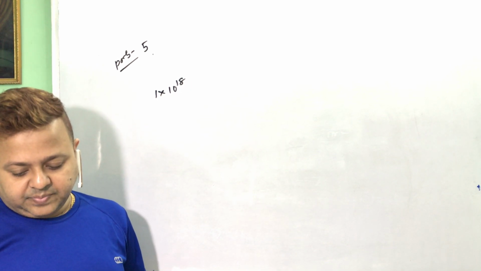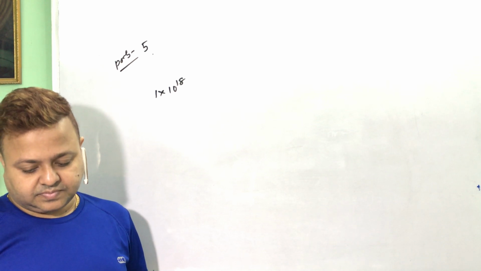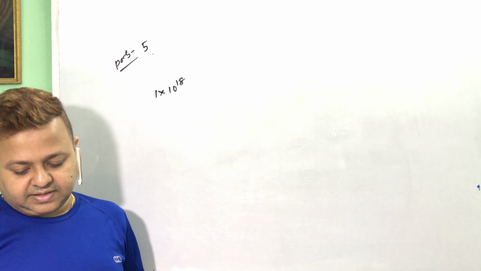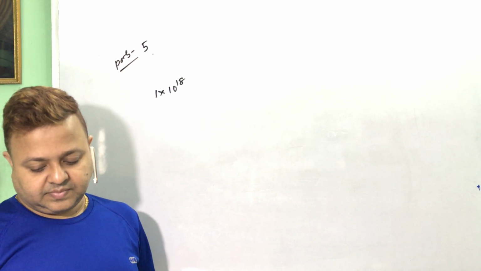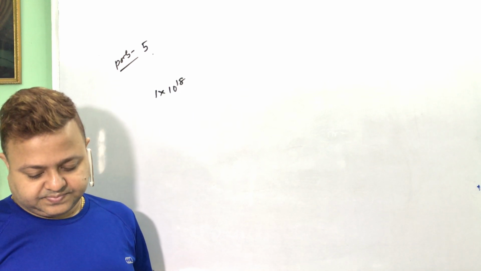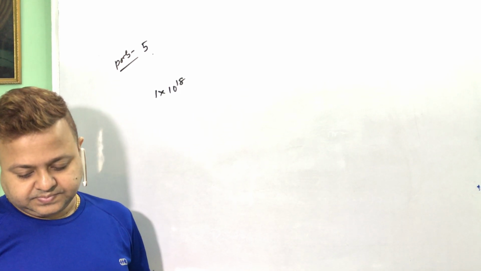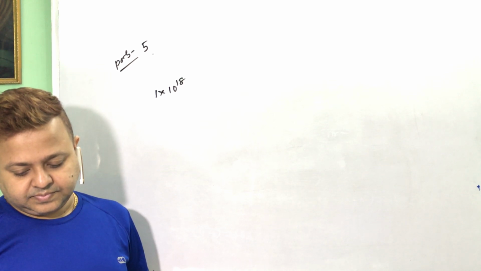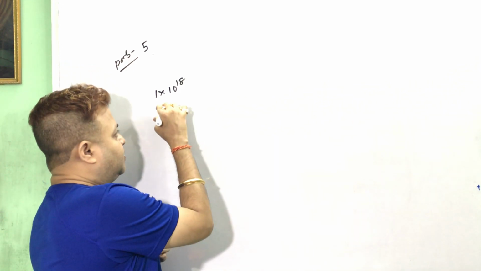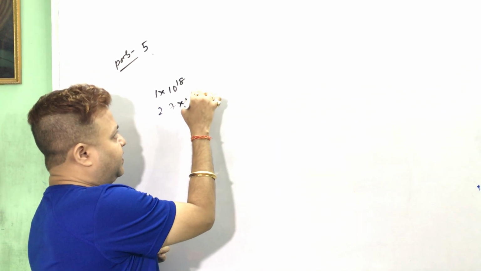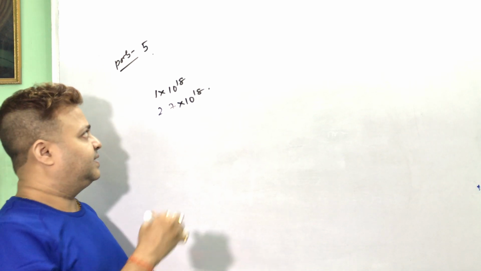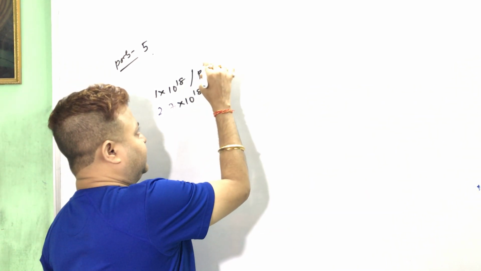While the number of electrons drifting in the opposite direction across the cross section is 2.7 into 10 to the power 18 per second.